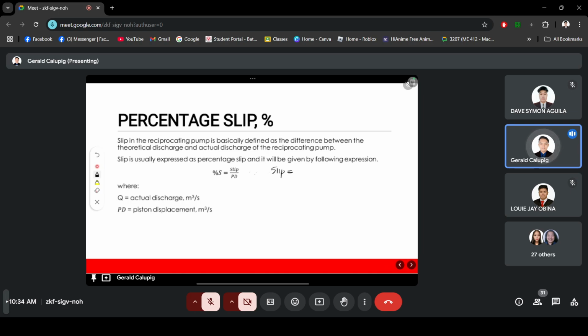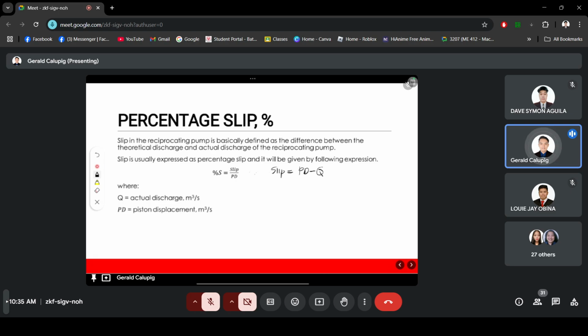The difference of the theoretical or the piston displacement minus the actual discharge, right? So we can have the slip is equal to PD minus Q.